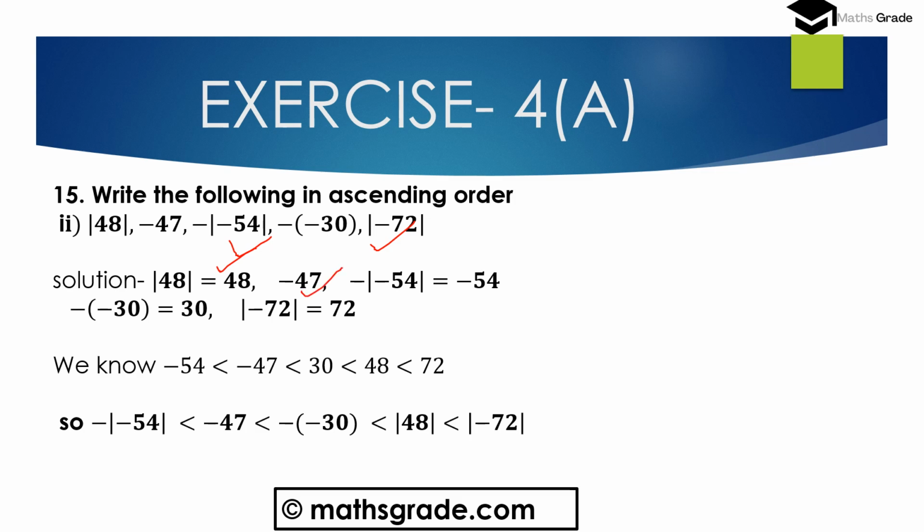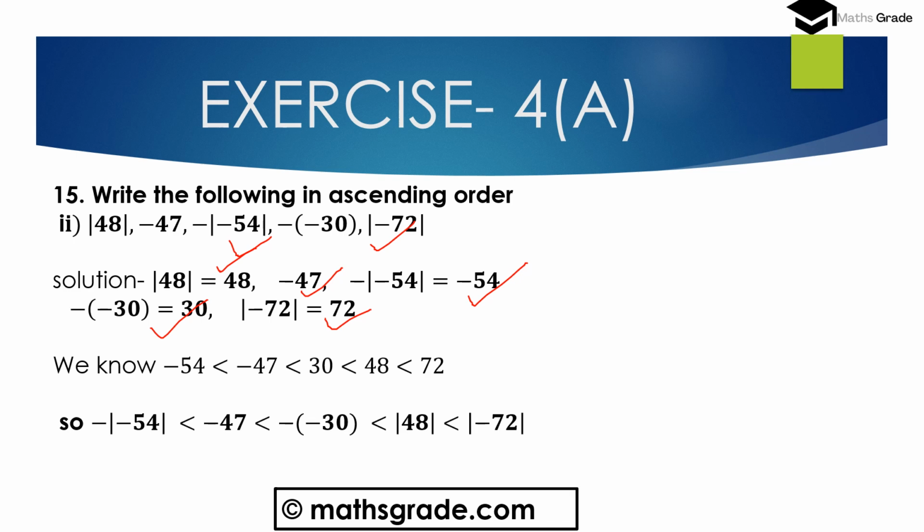Absolute value of minus 54 is positive 54, so minus of absolute value of minus 54 is minus 54. Minus of minus 30 is positive 30, and absolute value of minus 72 is positive 72.